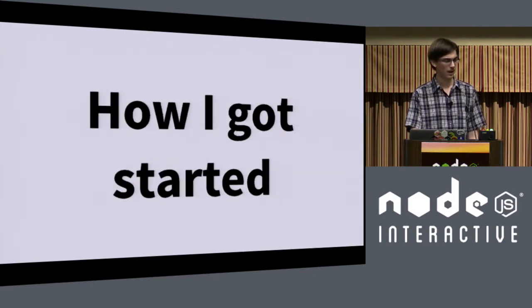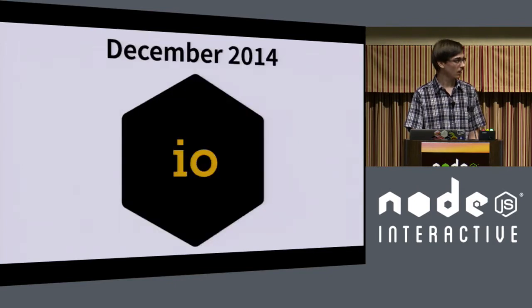So, how I got started. In December 2014, io.js came around, as a bunch of things that I'll talk about in a minute. But it felt more welcoming, more open. It felt like there was a place I could contribute.